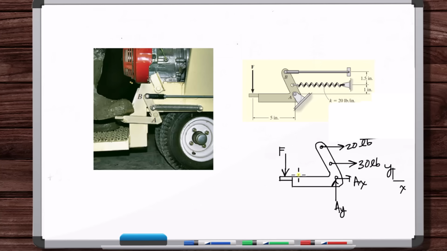So we're doing static analysis or dynamic analysis. Let's look at this link here. Before these loads are applied, the link has some shape, geometry. And then after the load is applied, the link pretty much has that same geometry. Technically, if you look at it from a zoomed-in standpoint, it doesn't.